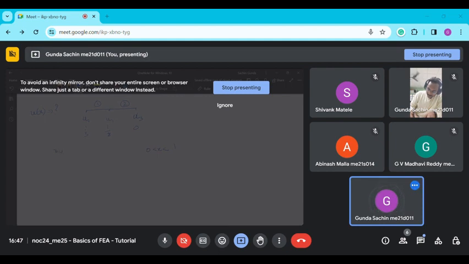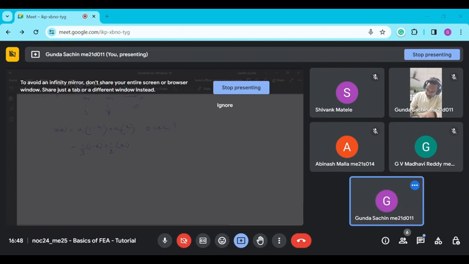So right now we again go back to the shape functions, how they will be, and then write it. So from x0 to 1, u of x will be u1 times 1 minus x by l plus u2 x by l. L is 1 here.